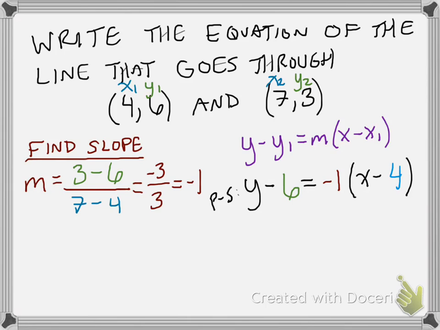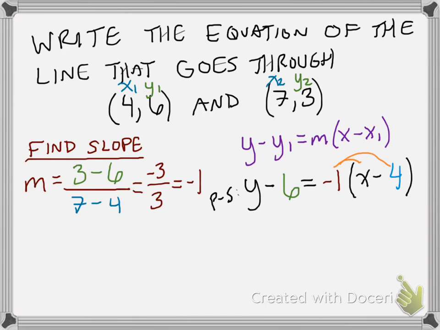That's our point-slope form. The next form that is on your worksheet, we want to have the slope-intercept form. And for slope-intercept form, we need y to be by itself, and we need there to be no parentheses. So the first thing I should do is distribute along my parentheses.